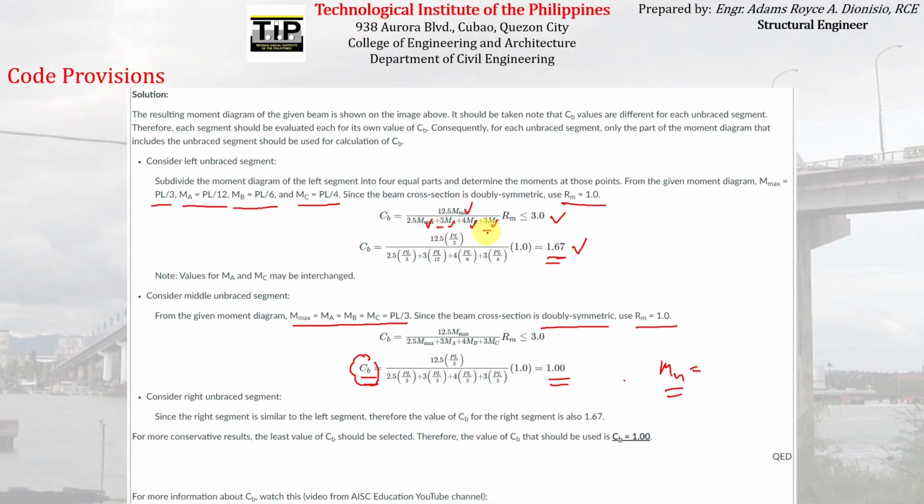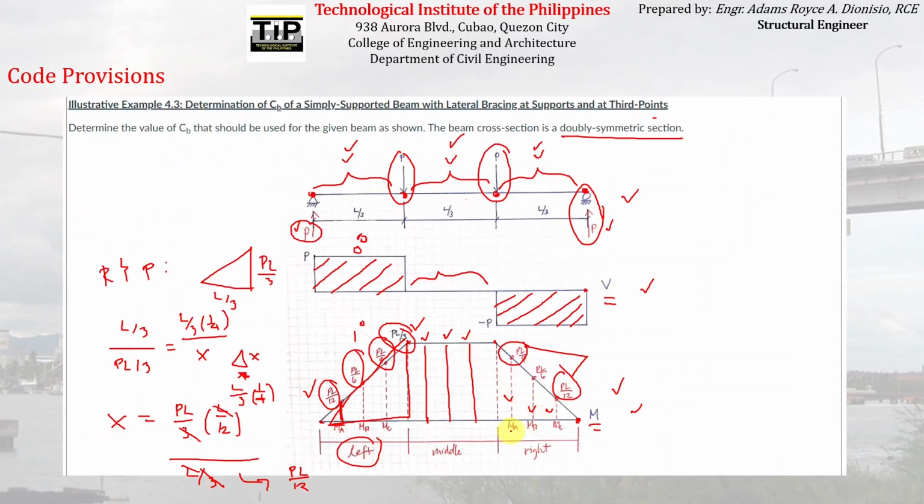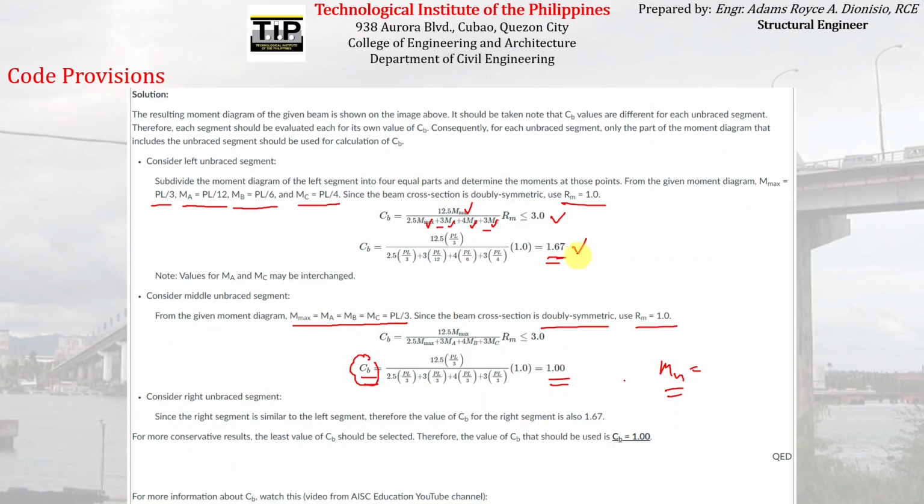So if you compute Cb on this right unbraced segment, the answer will be the same as this. So the Cb on the right segment of the beam is just equal to 1.67.